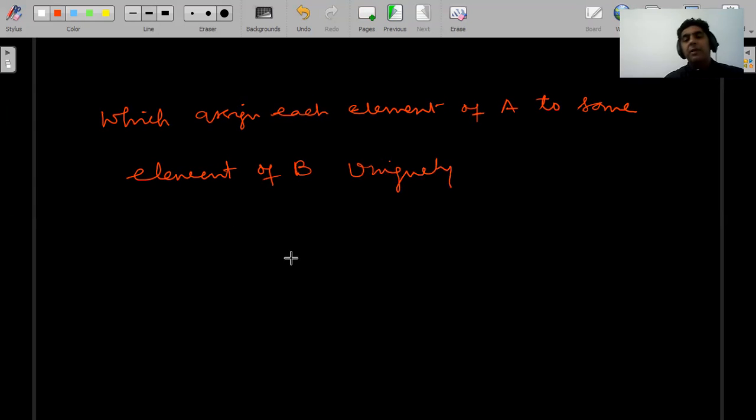That is, every element of A is uniquely associated to some element of B. We say that is a function. So this is all about the function. Let's talk about the sequence now.